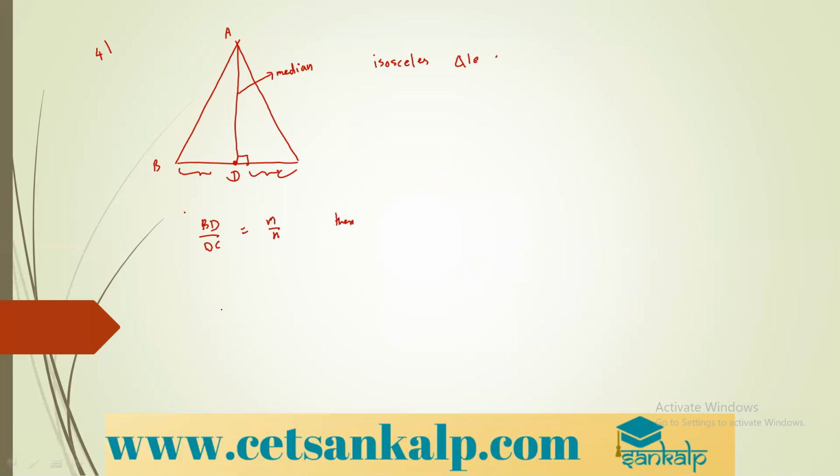Then you can say that (m plus n) cot of angle theta will be equal to m cot of alpha, this is alpha, minus n cot of this angle beta. Similarly, (m plus n) cot theta will be equal to n cot B minus m cot C.